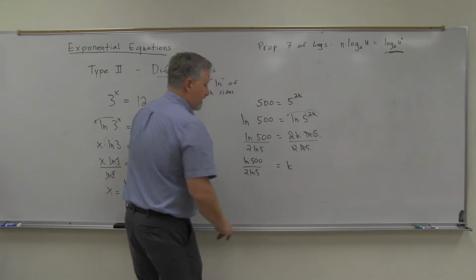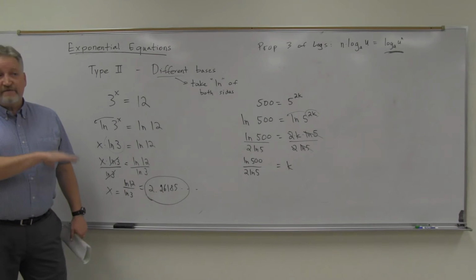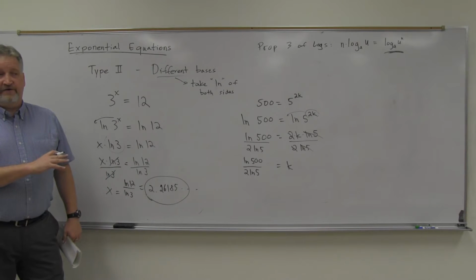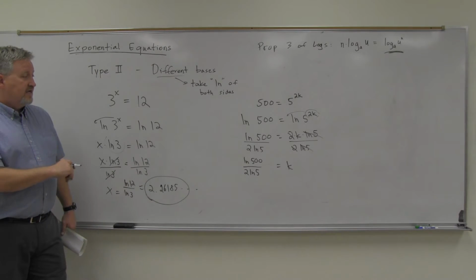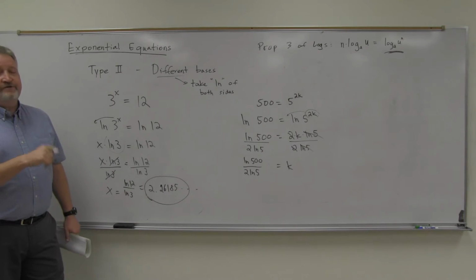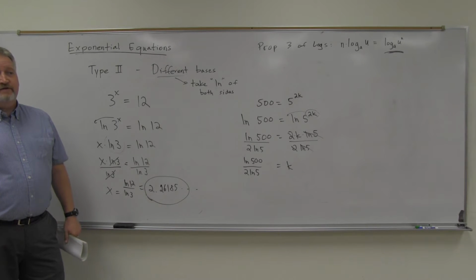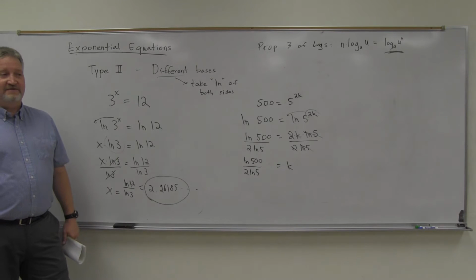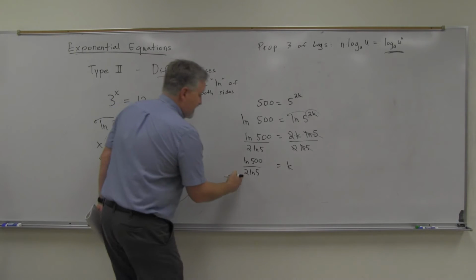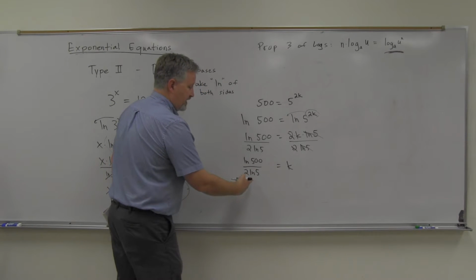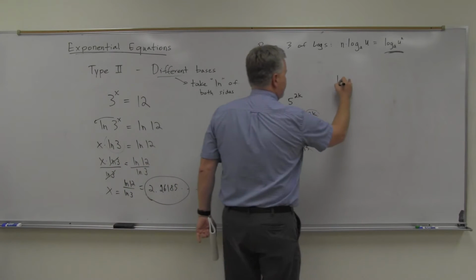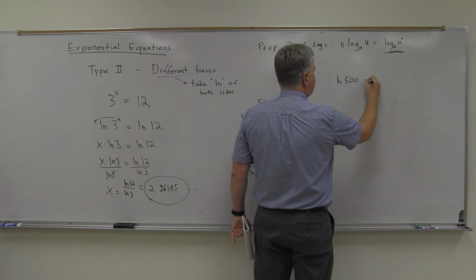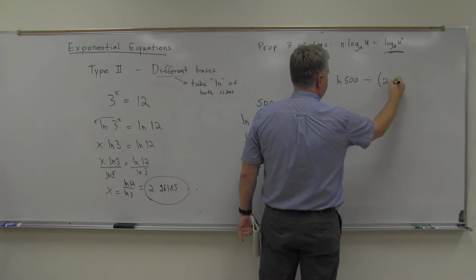Now, I do this one specifically because you need to be careful when you enter that into the calculator. If you just took ln of 500 divided by 2 ln of 5, you may not get the right answer, because I need to divide by both 2 and ln of 5. What I would suggest is put in ln of 500 divided by parentheses 2 ln of 5.